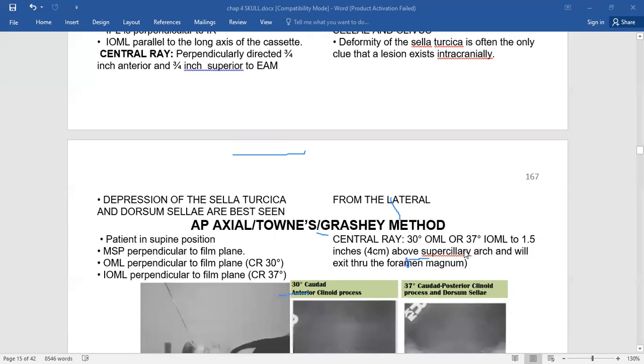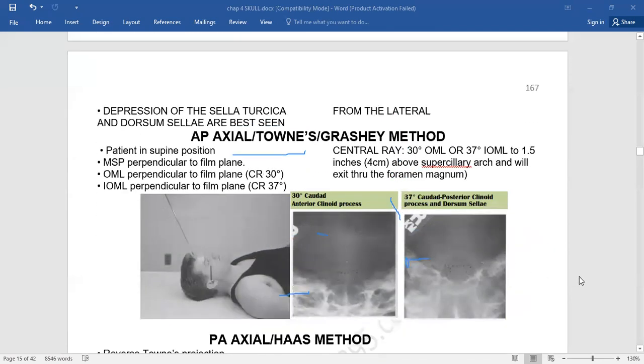Another one is the Towns method or Grashey method or the AP axial projection. Ito siya. So patient is in supine position, MSP perpendicular, OML and IOML are also perpendicular. So for example, if the OML is the one perpendicular to the table or to the IR, the central ray is angulated at 30 degrees.